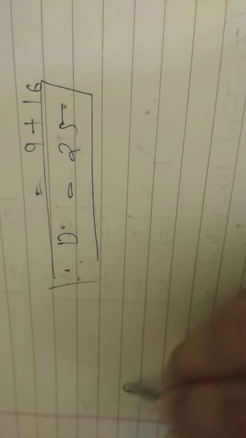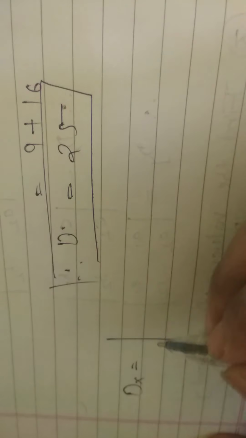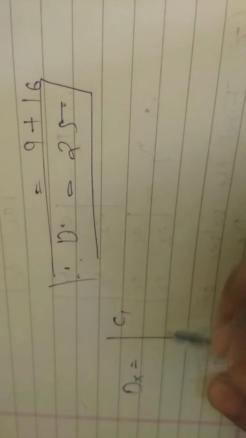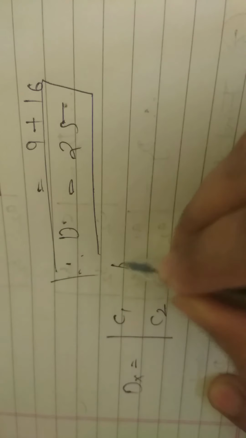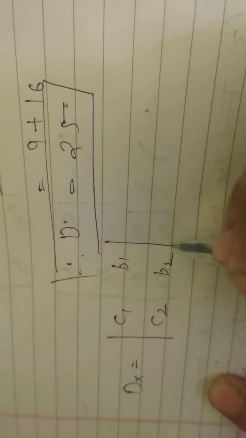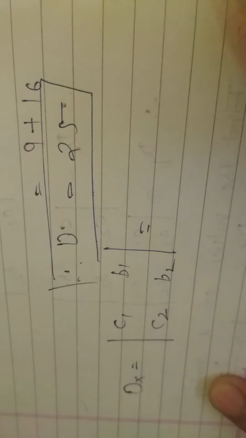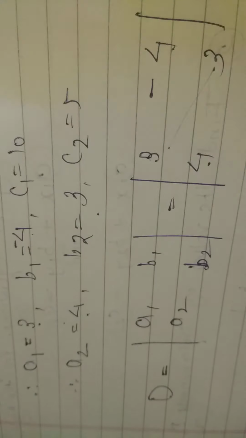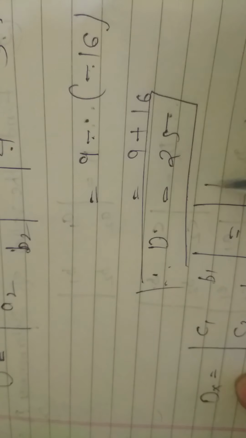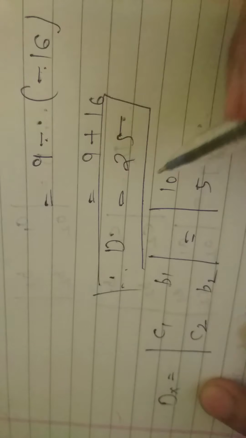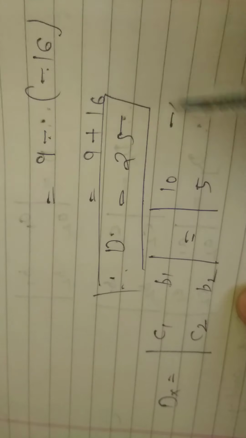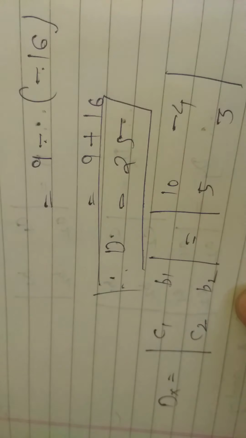Now let's find Dx. What is the formula of Dx? First write c1 c2, the constants, then b1 b2. What are the values of c1 and c2? 10 and 5. So right here we write 10 and 5, and b1 b2 is minus 4 upon 3.